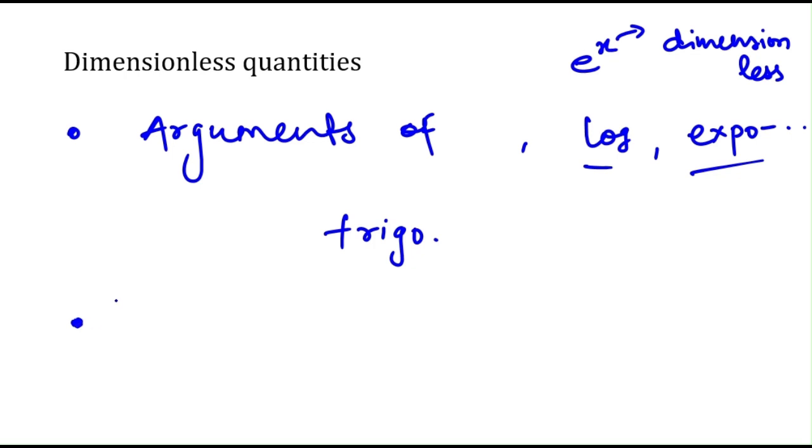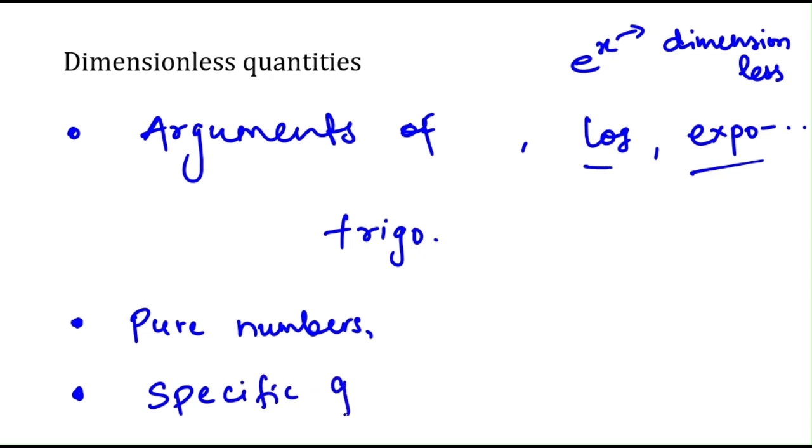Now, pure numbers do not have dimensions. So pure numbers are also dimensionless. And there are some physical quantities which are ratio of similar physical quantities. Let's take an example. Specific gravity, or you say relative density.